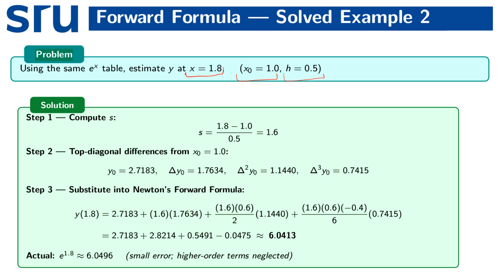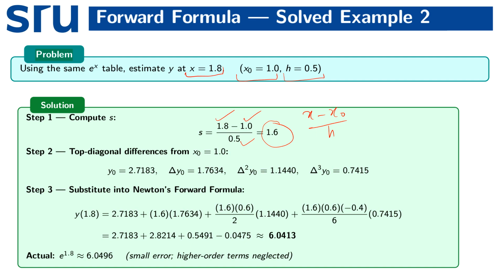It is to be done using the last table only. First step is to compute s, and s is given by x minus x naught upon h. Here x is 1.8, x naught is 1.0, and h is 0.5. So you're getting the value of s as 1.6.